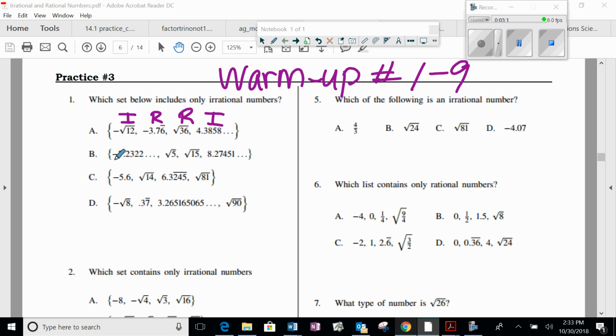Okay? Negative 7.2322, and so on. So you notice, hold on. 0.222 repeating. Is that rational or irrational? Irrational? Is that what you said? Because it's not repeating? Okay. It could be that the 2 is repeating.